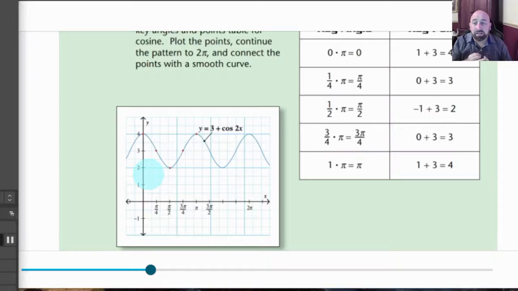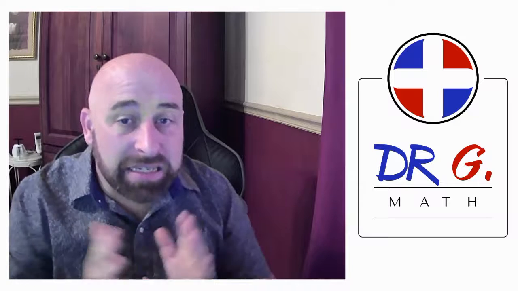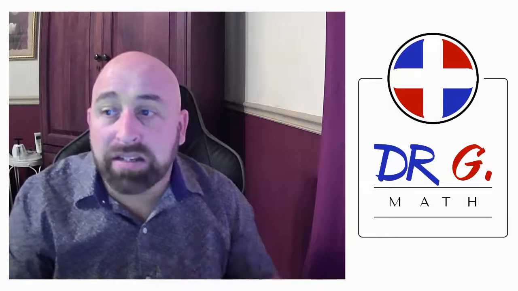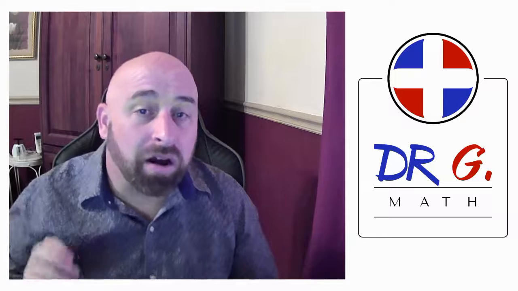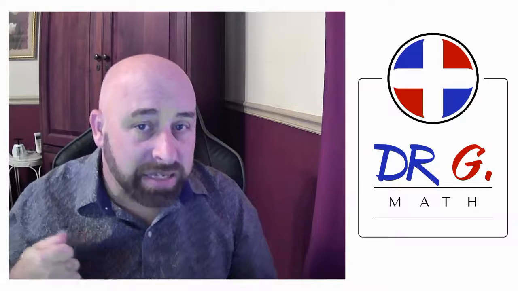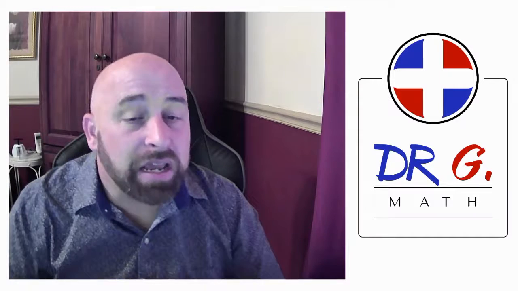The A, the B from the last lesson, and now in this lesson, the H and the K. They're all making different movements. I'm not going to take the time to do one of these problems because I feel like all you have to do is add. Just add it to the key point and add it to the key angle. So what are we adding to the key angle? We're adding our H. What are we adding to the key point? We're adding our K. You do that, and that will just move your graph up, down, left, and right.